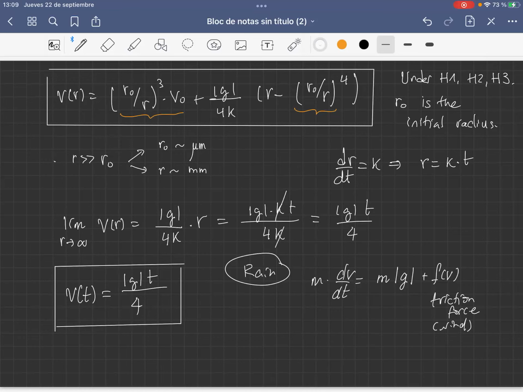So bear in mind that depending on how you put g, the friction force is always going to be the opposite sign. And it has been proven also experimentally that one can put the friction as a function of the velocity, and it can be either linear or it can be quadratic if you want to be a bit more accurate. And this kind of equations, we know how to solve them.